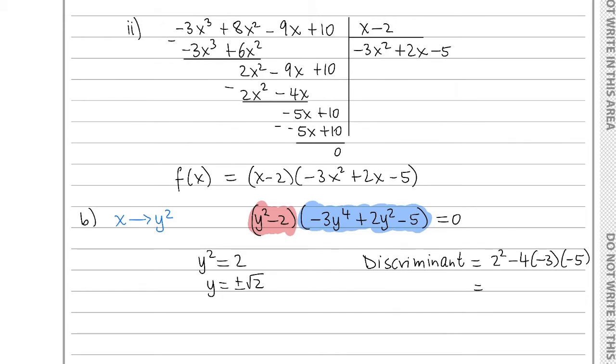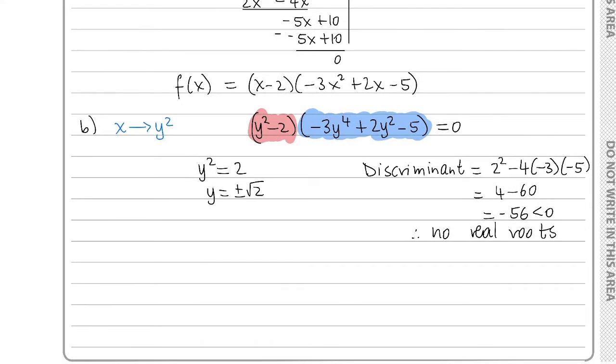It's 4 minus 60, which is minus 56, less than 0, therefore no real roots. It's worth stating the obvious, i.e., there are exactly two real solutions, as required.